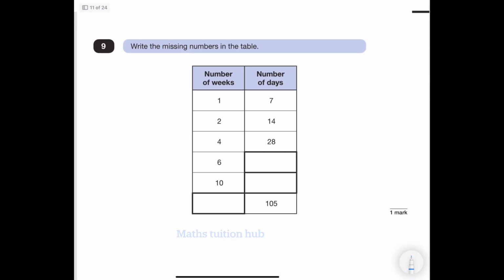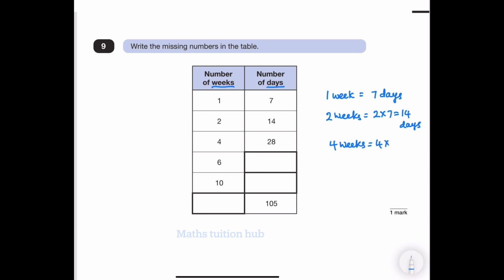Okay, next we have a table of number of weeks and number of days. From the table we can say 1 week has 7 days. 2 weeks, so we need to figure out how to find the number of days in 2 weeks. That is 2 times 7, 14 days. And 4 weeks, 28 days.